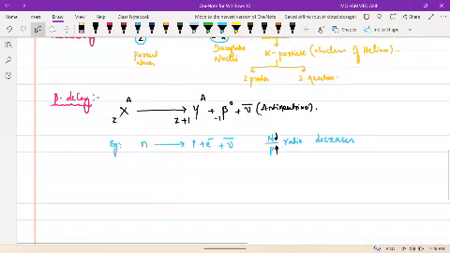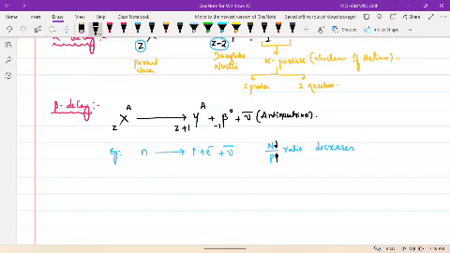Now in this one, see what is happening to the number of neutrons. A neutron is getting converted into a proton. So the number of neutrons is decreasing and the number of protons is increasing. This is Z and this is Z plus 1.